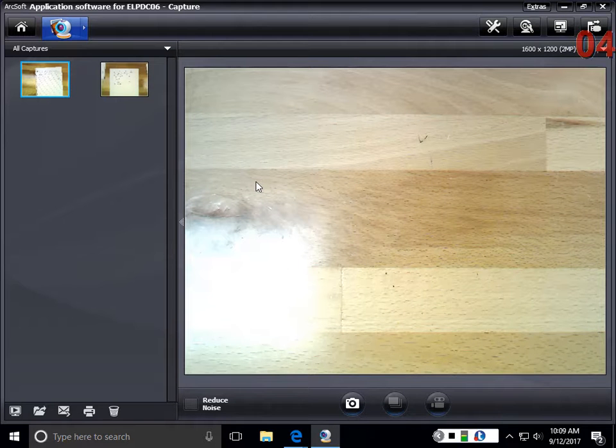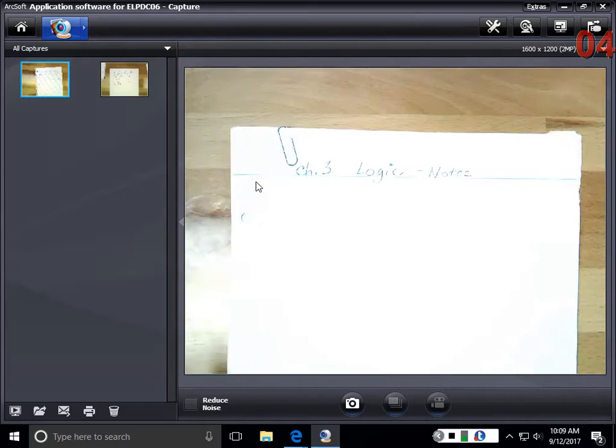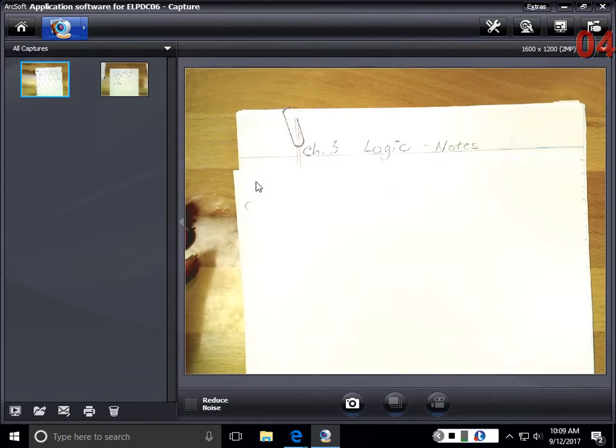All right, the next thing we're going to do is take some notes on Chapter 3. Chapter 3 is dealing with logic. This also will be done mostly with worksheets instead of books. We kind of go back and forth. But Chapter 3 is on logic.